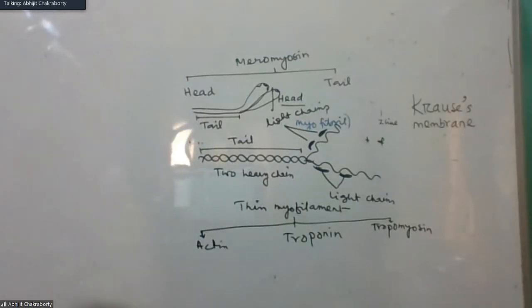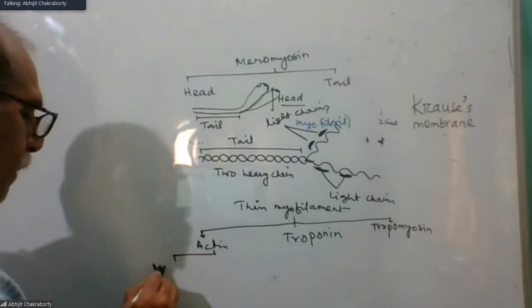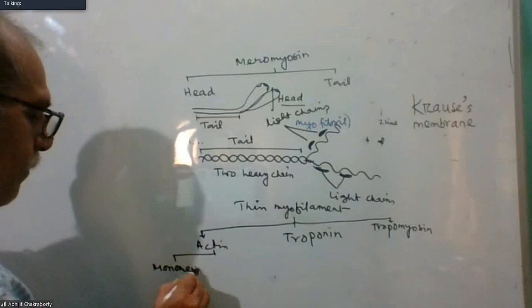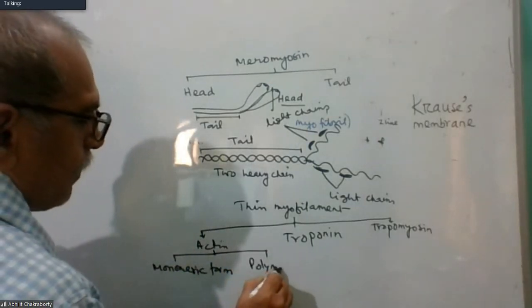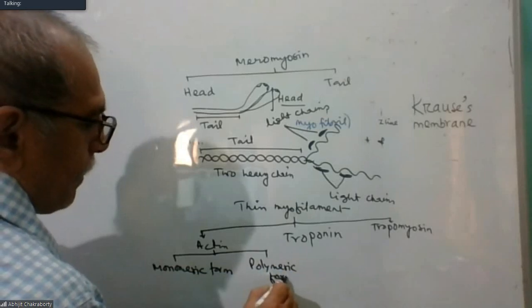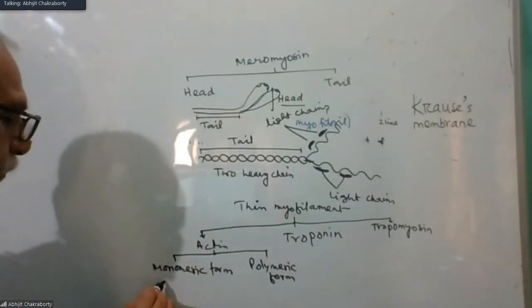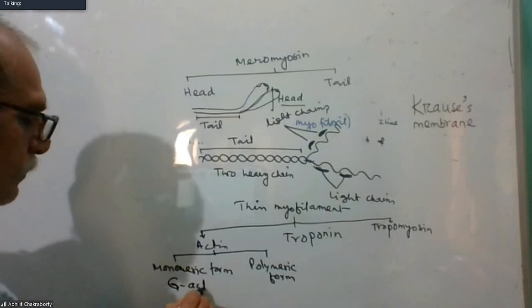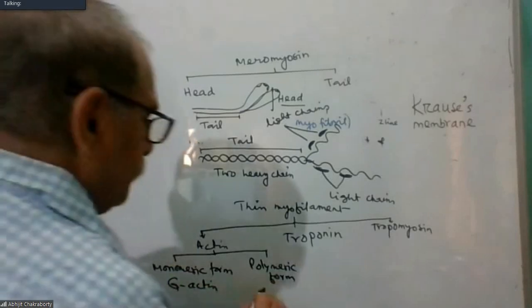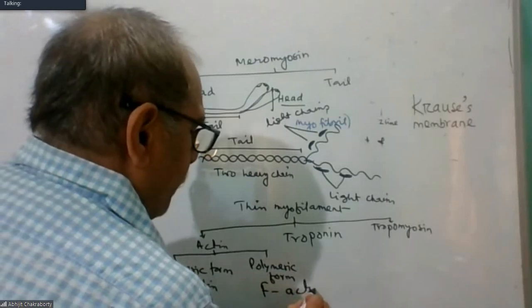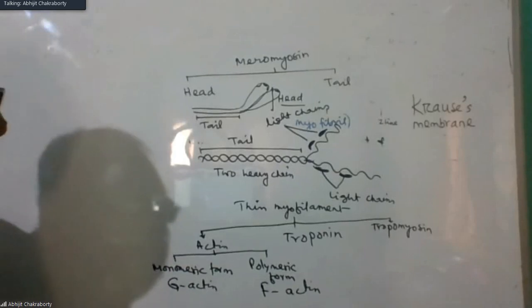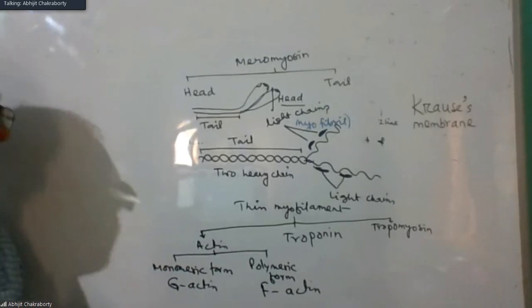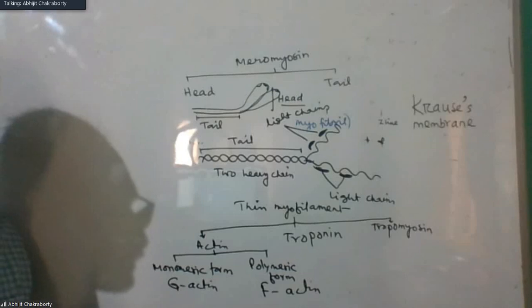Actin may be found in monomeric form. The monomeric form of actin is called G-actin, and polymeric form of actin is called F-actin. Clear?